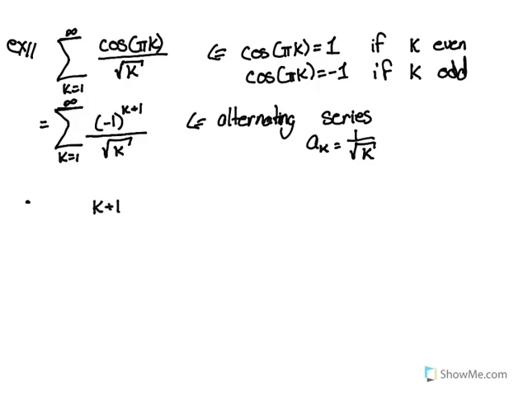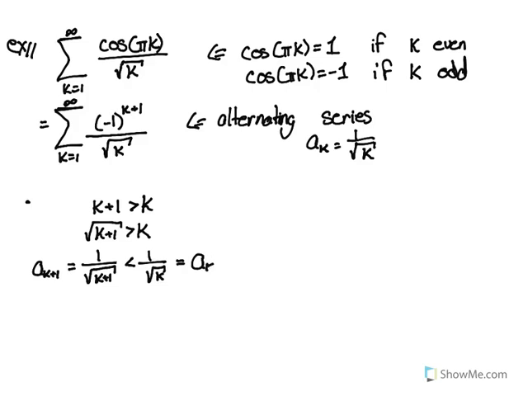Because k plus 1 is strictly greater than k, which implies that the square root of k plus 1 is strictly greater than the square root of k, which implies that 1 over square root of k plus 1, which is a_(k+1), is strictly less than 1 over square root of k, which is equal to a_k for all k. So therefore this is strictly decreasing.